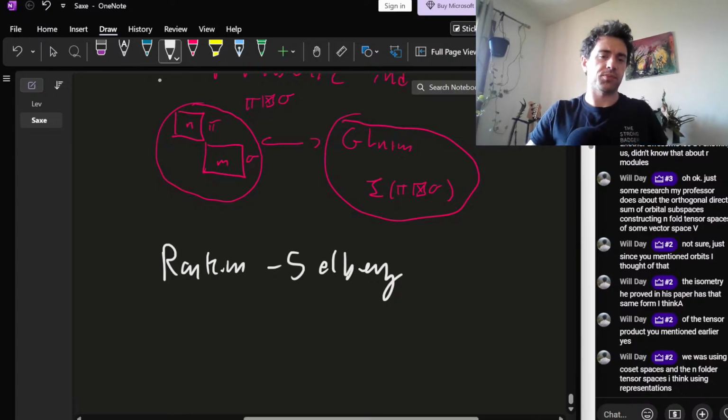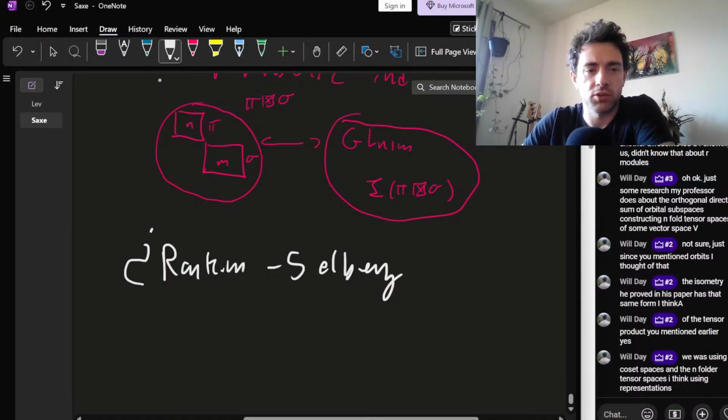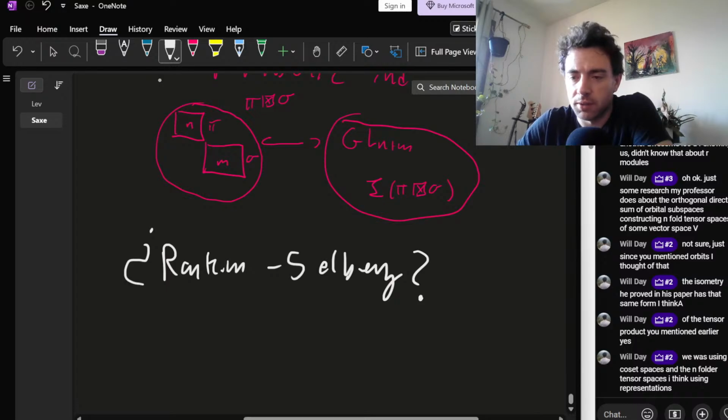So presumably there could be something here. He's using coset spaces and n-fold tensor products using representations. Interesting.